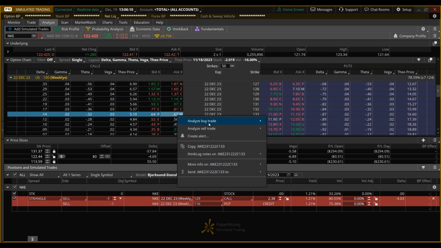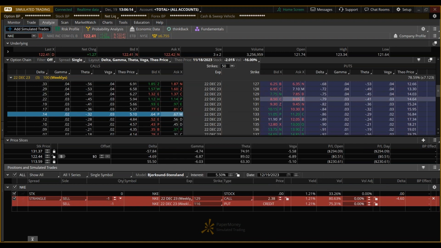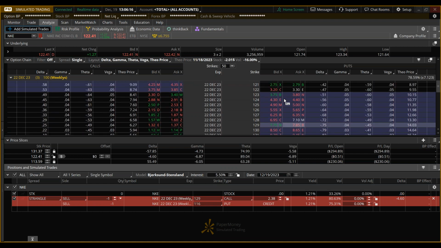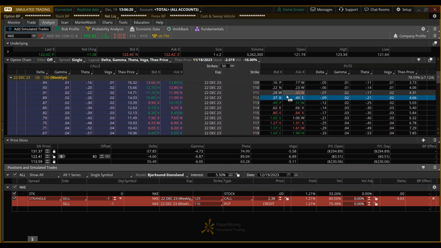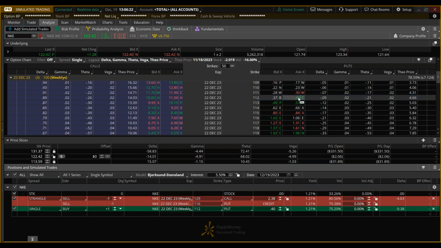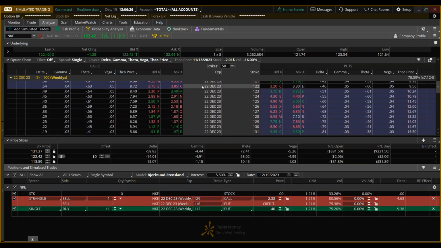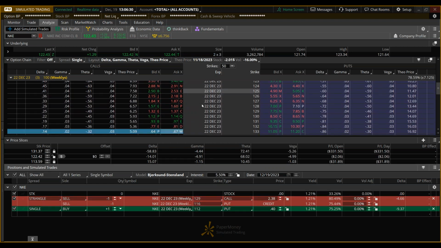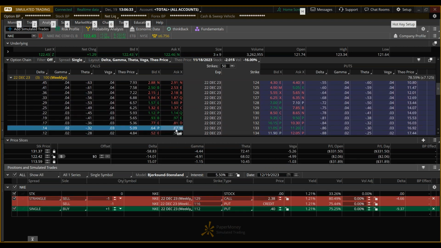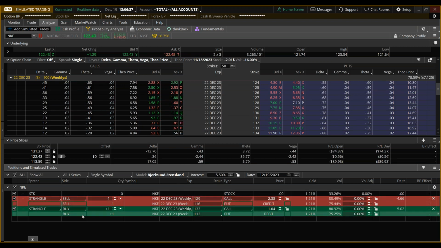I wonder why that cell didn't... I went 4 strikes below the 116 and buy that. There it goes. There it's populating. There it worked. And then over here, I'm going to go 4 strikes above the 129, and I'm going to control key, hit that, buy that Strangle.